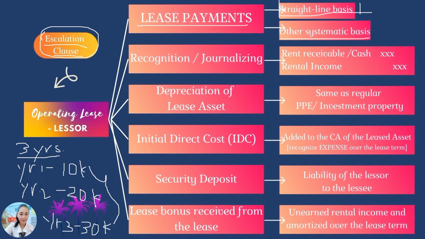If you add the three, that would be 60,000. 60,000 divided by 3. So what is the result? That is what the lessor will account for as lease payments over the lease term. Okay?